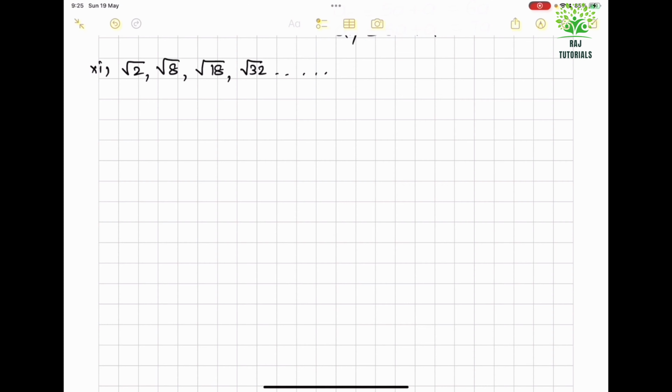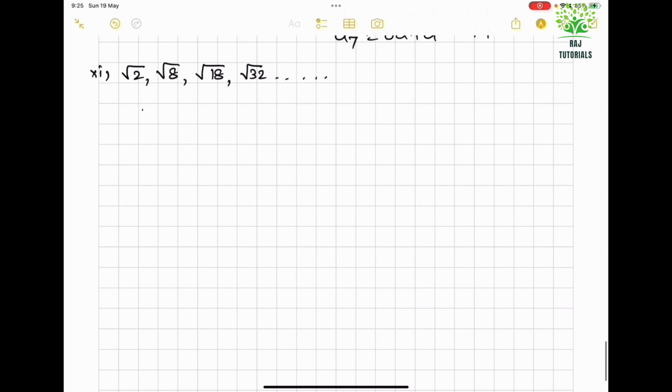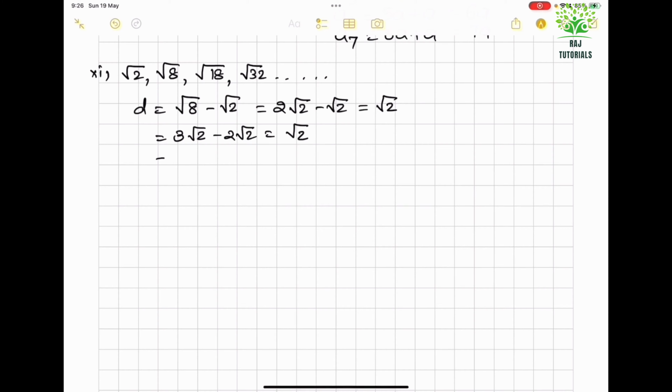The 11th one is root 2, root 8, root 18, root 32, and so on. So D will be root 8 minus root 2. Root 8, I can write as 2 root 2 minus root 2, so that will be root 2. Root 18, if I take 9 outside, it will be 3 root 2 minus 2 root 2, so that will be root 2.